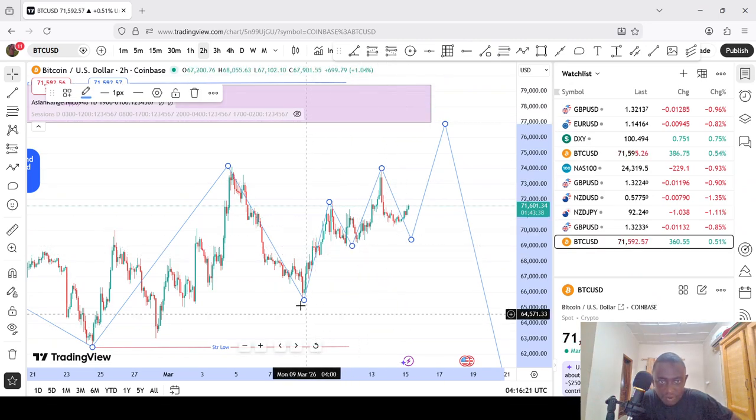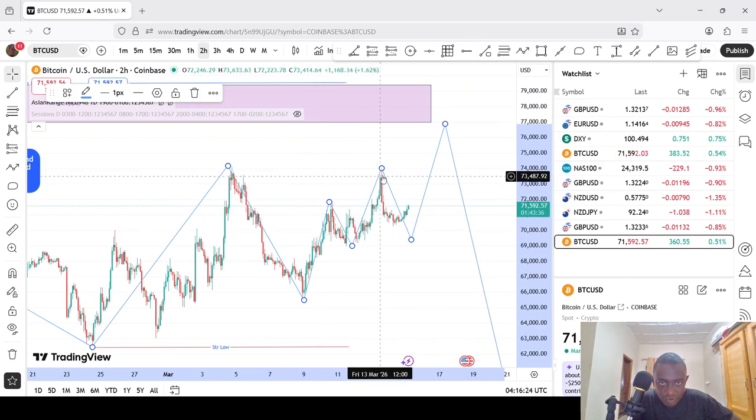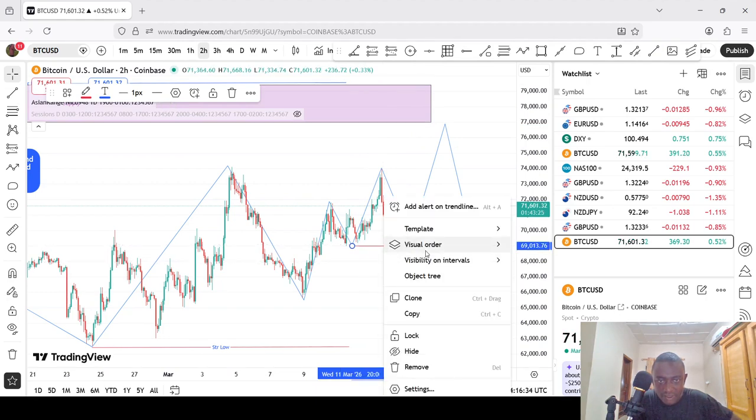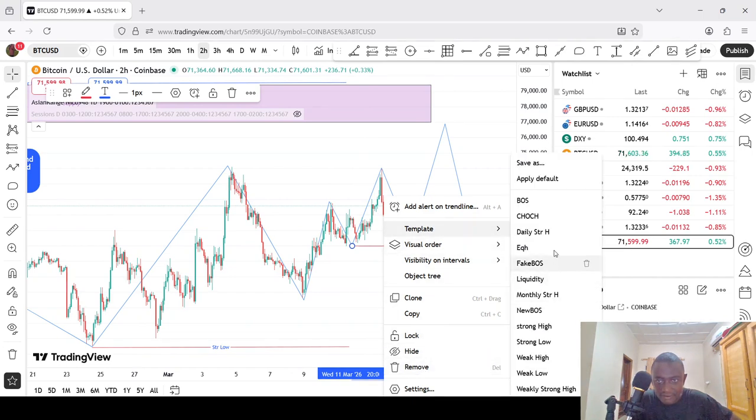So within this more internal flow, it is telling us here is our strong low, because it is respecting it. One hour strong low.